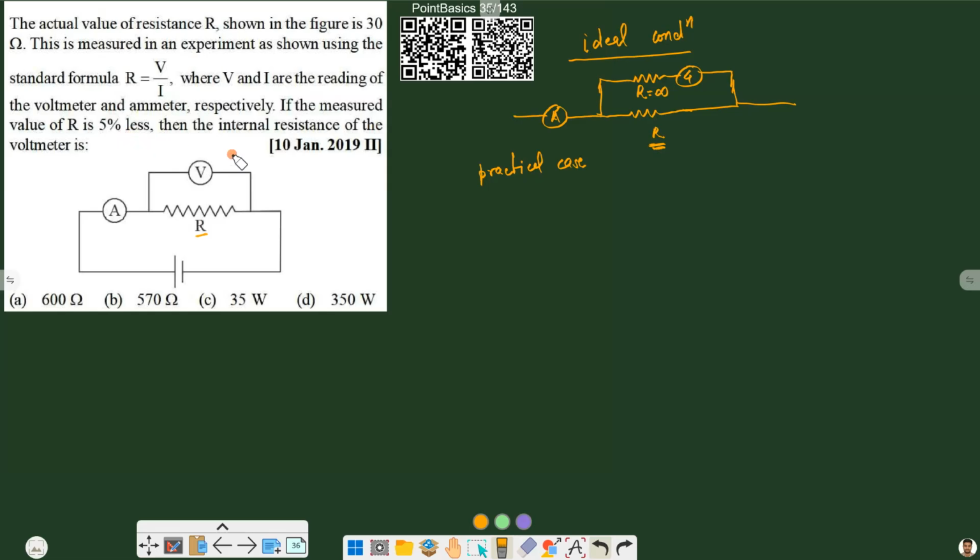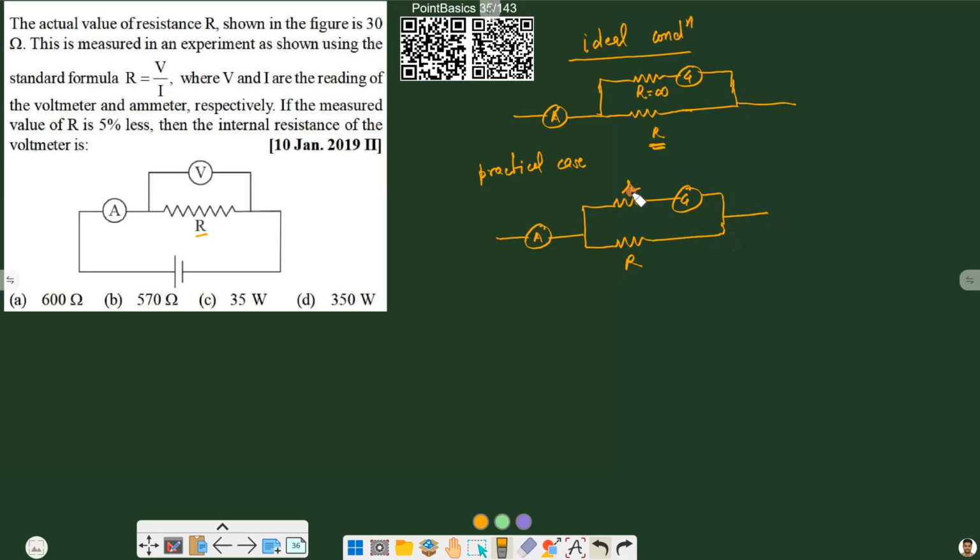So we consider some value for it and then do the analysis. The ammeter stays as it is. We have a resistance, small r, and a galvanometer here, because their combination makes the voltmeter, and we have a resistance R over here.